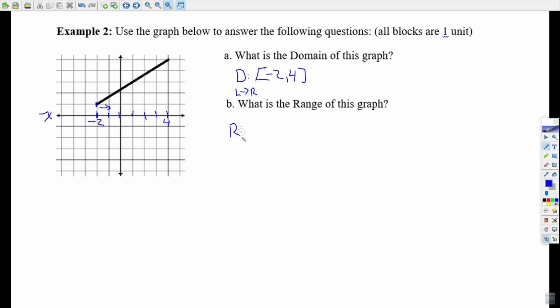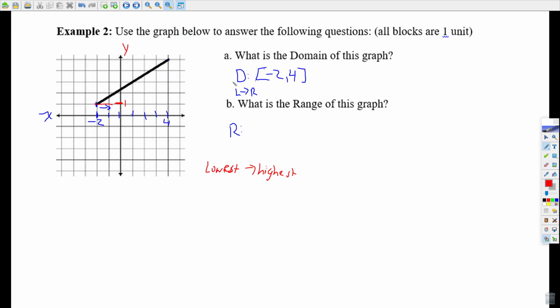What is the range? Same idea, but we're going to be going up and down. Let me change colors. We're going to be doing the y-axis. So this is the lowest to the highest. The lowest point that this ever goes down to is right here, and that would be the value of 1, right?